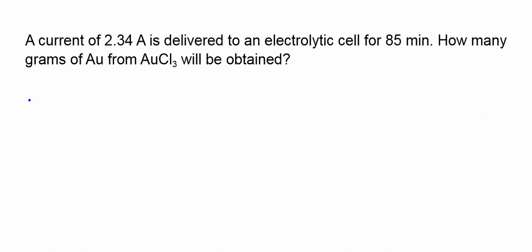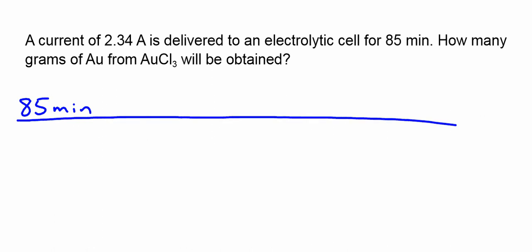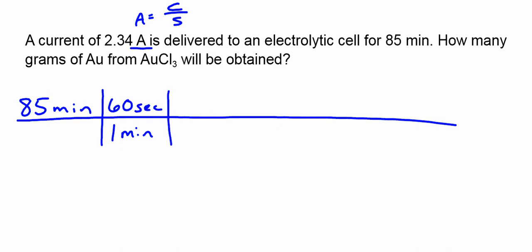So I want to start with my time. So I know, again, I see amperes, right? That's coulombs per second. So I need seconds. I need seconds. So there I go. For every 1 second, I have 2.34 coulombs.